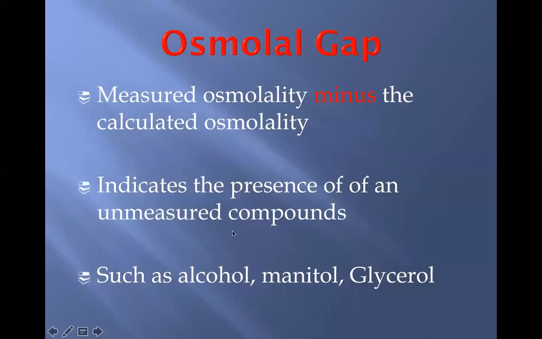Like what? Such as alcohol, mannitol, glycerol, or others. All these are not calculated in the previous equation, but during the measurement by a device they are involved within the measurement, and so there will be a higher measured osmolarity than the calculated osmolarity.